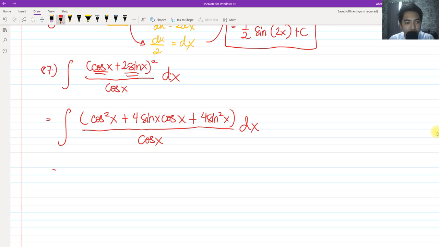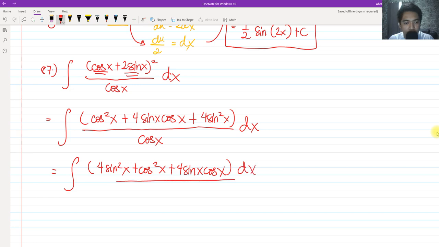But notice if I'm going to rewrite the numerator as this, 4 sine squared of x, plus cosine squared of x, plus 4 sine of x cosine of x dx, all over cosine of x.